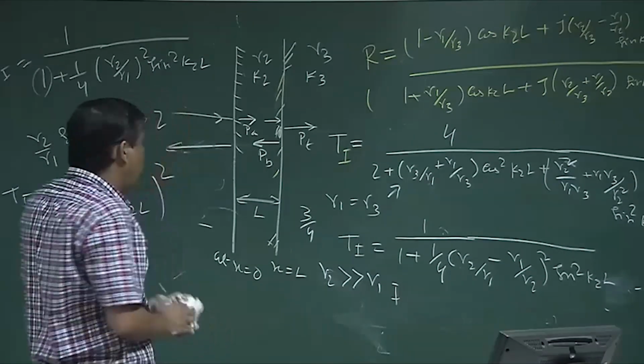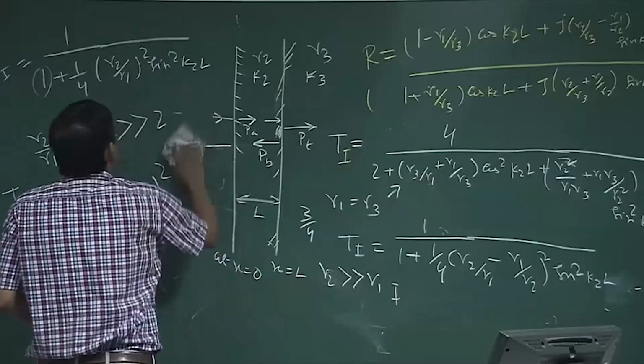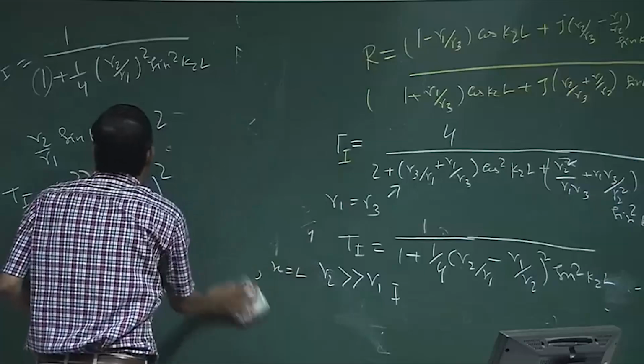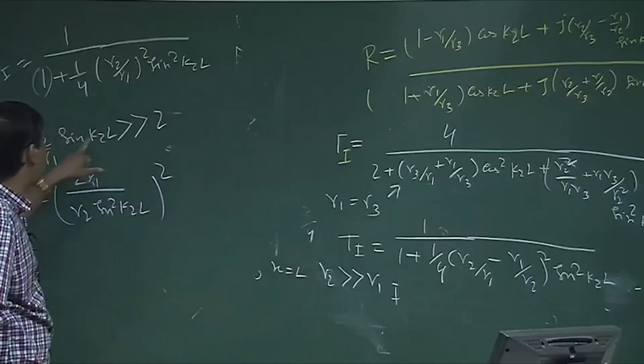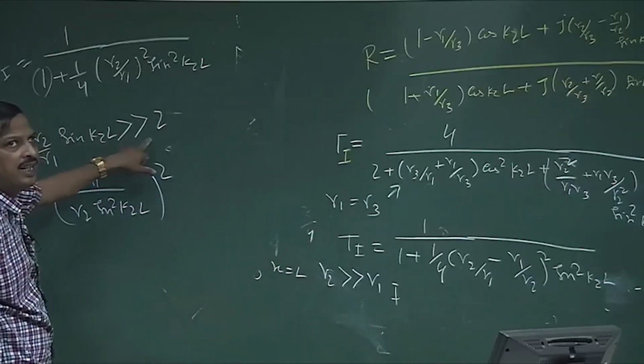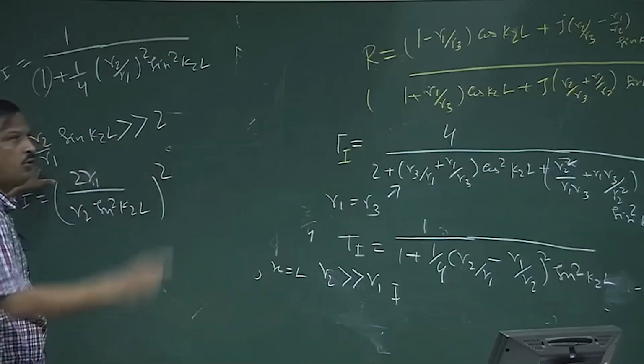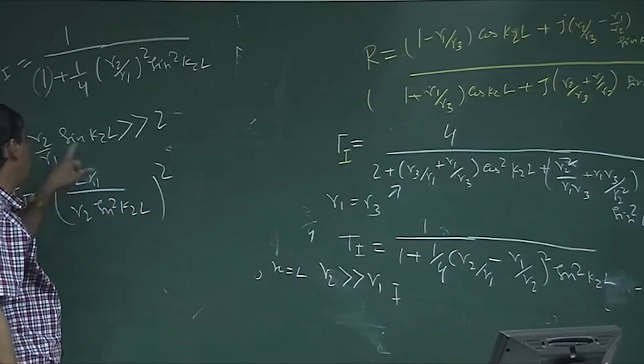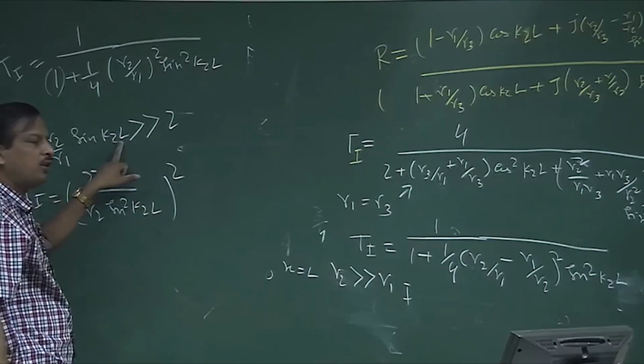Now another simplification. What I said is that R2 by R1 sin K2L is much greater than 2. R2 is the characteristic impedance of the wall, R1 is the characteristic impedance of the air, and L is the thickness of the wall.